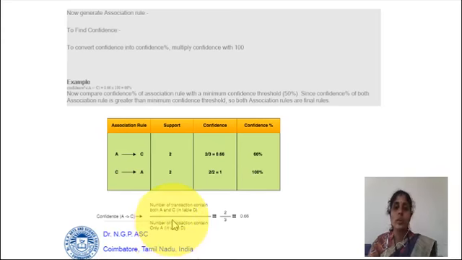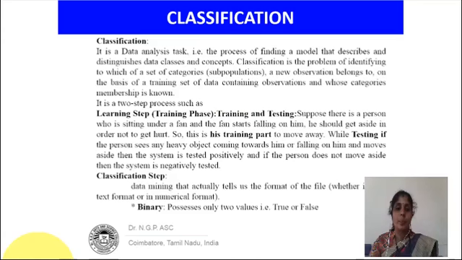And also here we could calculate the formula: the number of persons buying, based upon the transaction ID in the support, and the number of persons buying that product. With the help of the association rule, we can calculate the confidence level of both the products.